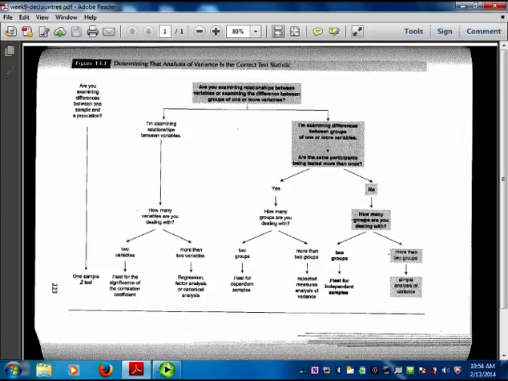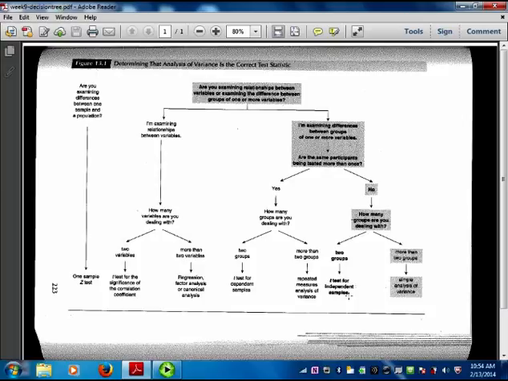If it's 2 groups, then it's a t-test for independent samples. For example, gender is male and female, internet access is yes with access and no with no access, or smokers and non-smokers. That's only two groups. So if you are comparing a mean with only two groups, then you use the t-test for independent samples.